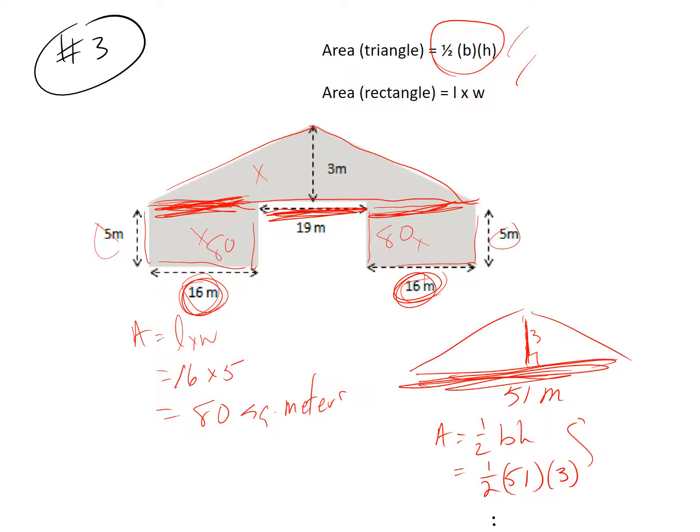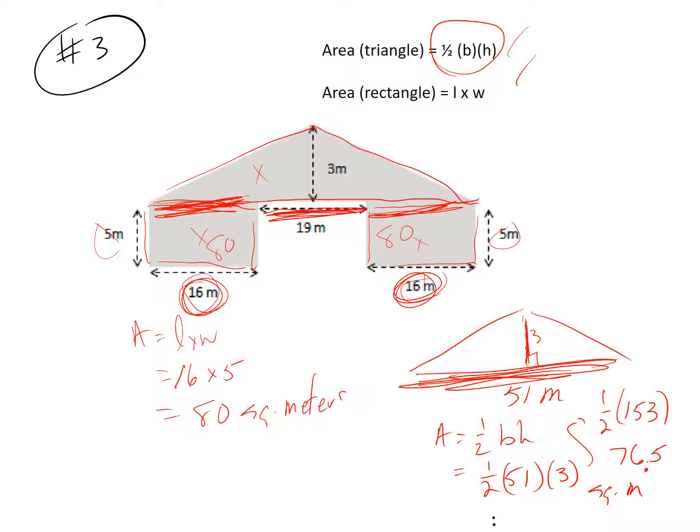So the area is going to be 1/2 of 3 times 51. 3 times 51 is 153, and then we just need to divide this by 2. So 153 divided by 2, or multiplied by 1/2, the same thing, is 76.5. And again, this is area, so it's 76.5 square meters.